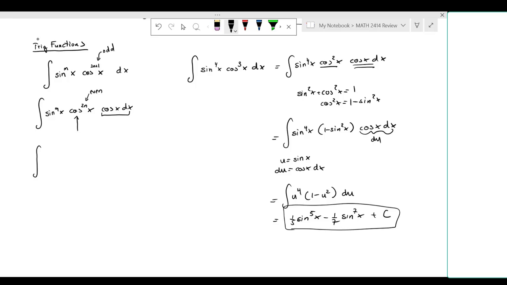And of course, you would do something very similar for the other case. I'll just call it case 2, where the power for sine is odd. The power for cosine doesn't matter in this case.